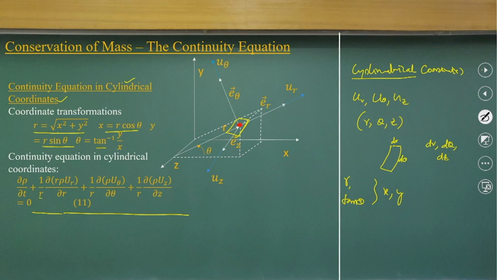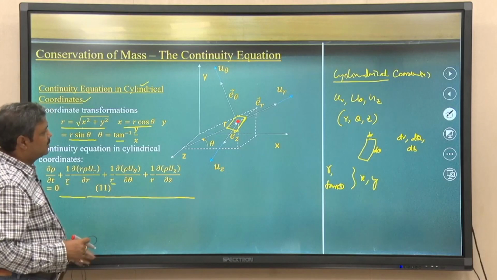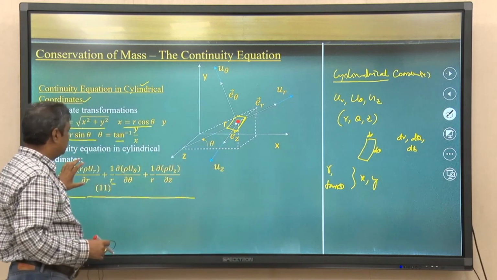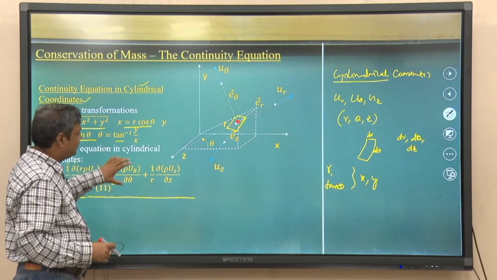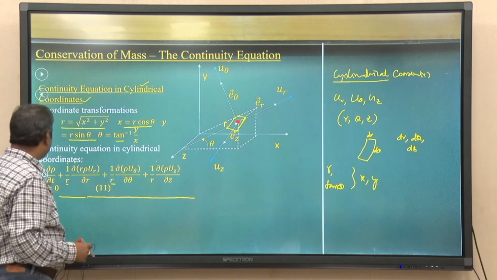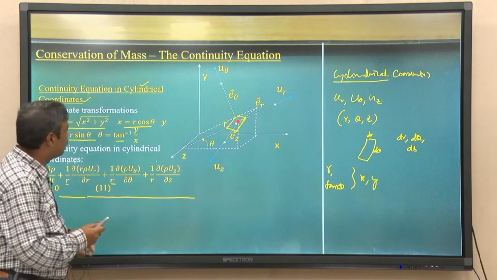This also says the same concept: the change of mass fluxes in the radial, tangential (theta) and z directions will be equal to the change of these components.